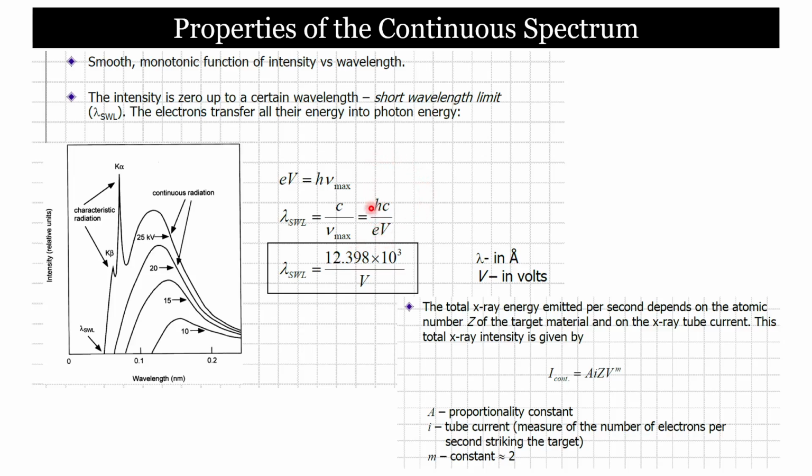If you put the constant values in this equation, you will get the short wavelength limit as 12.398 into 10 raised to power 3 divided by volts, where lambda will be in angstroms and V will be in volts. You need to remember this formula for the short wavelength limit. We just put the values of these constants into this equation and came to this formula.